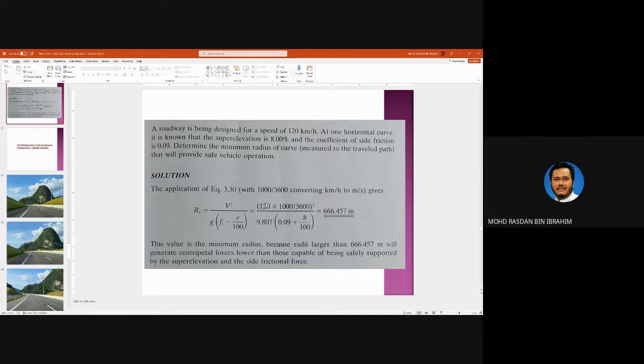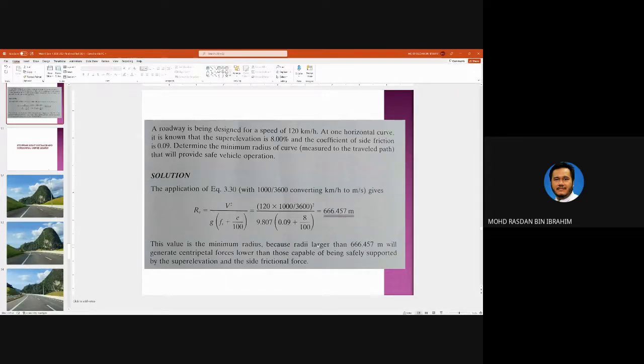In this formula, you need to convert. So you put in the values of V here and gravity, side friction, and super elevation. So the radius is 666.457.